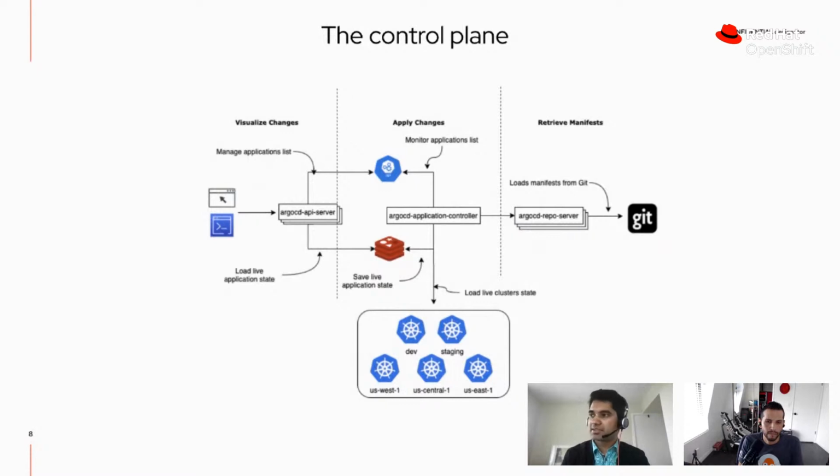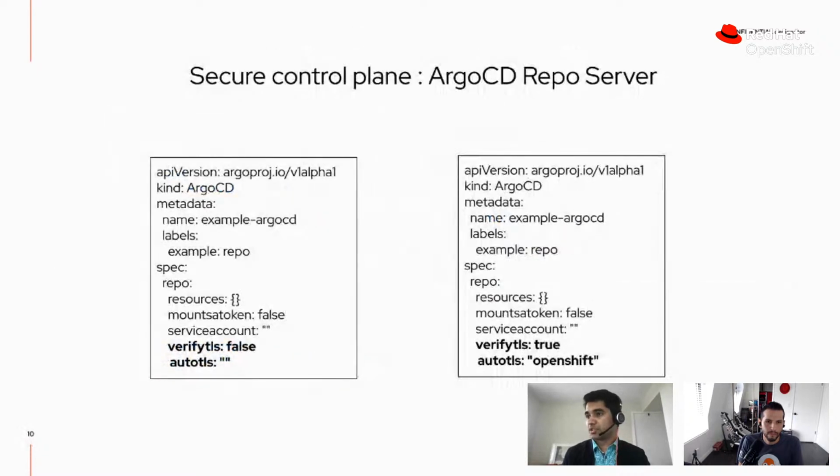Which is why it is of prime importance to ensure that we encrypt that traffic as well. So you can specify AutoTLS called OpenShift for your repo section in your Argo CD config, and that will ensure that you have secure traffic directed to your Argo CD repo server component.